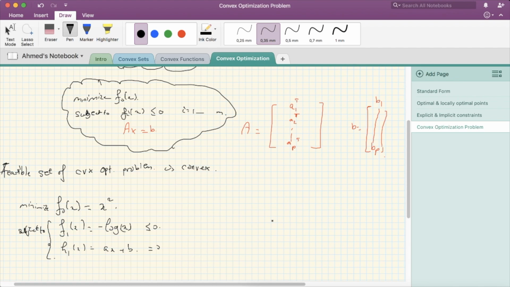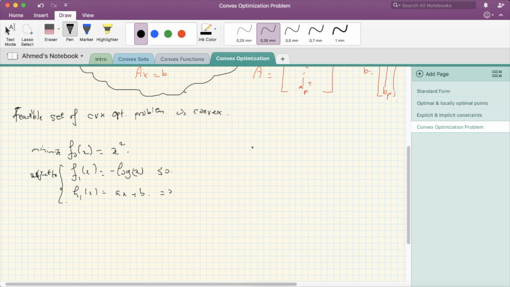Another problem that is not convex but could be seen as an equivalent convex optimization problem is the following. So in case you're minimizing x1 square plus x2 square, now this is convex. Why is it convex? You could check, because it's differentiable in x1 and x2, using the first order condition or even the second order condition, right?